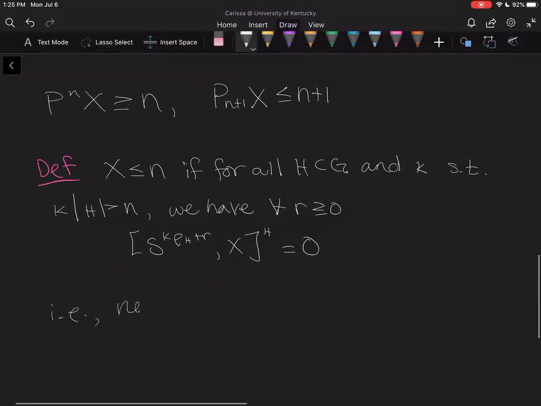What that means is that there are no maps from generators of tau at least n plus 1.